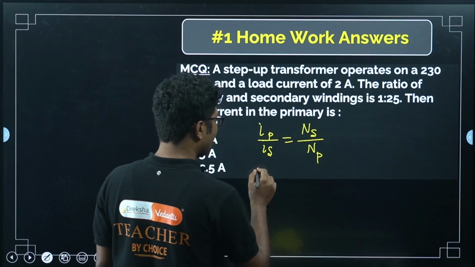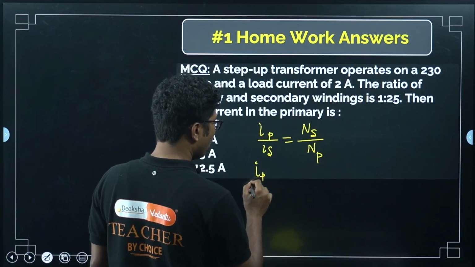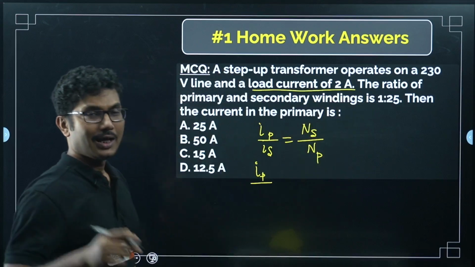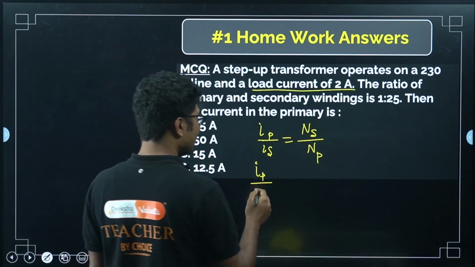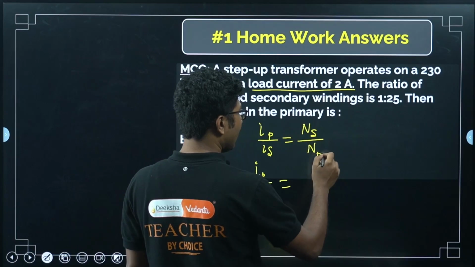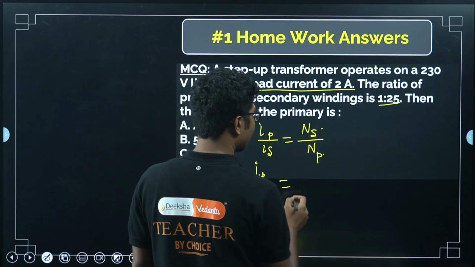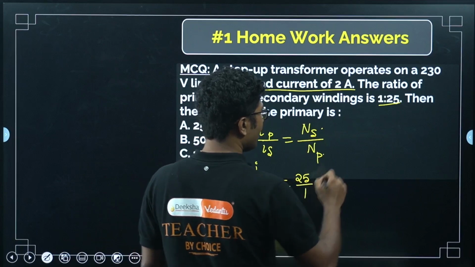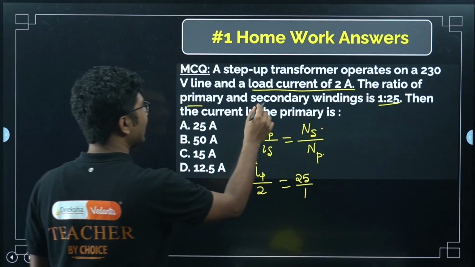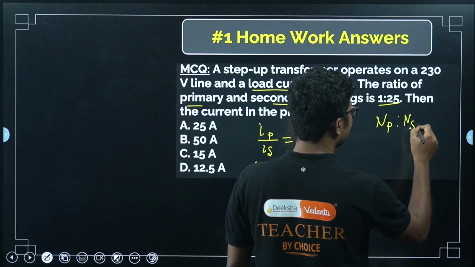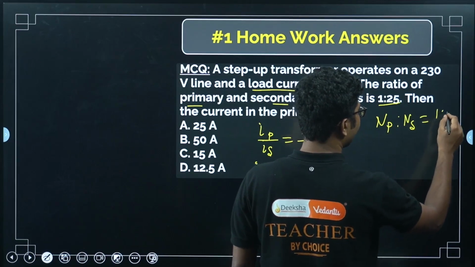Now I_P we don't know. Load current, I told you, means nothing but the output current, right? That is the secondary current. So 2 amperes. Now N_P to N_S is given as 1 by 25. So N_S by N_P will be 25 by 1. You should remember that primary first, secondary second, that is 1 by 25, 1 is to 25.